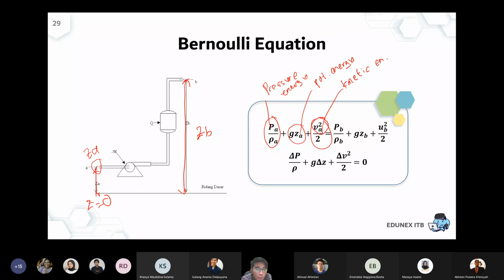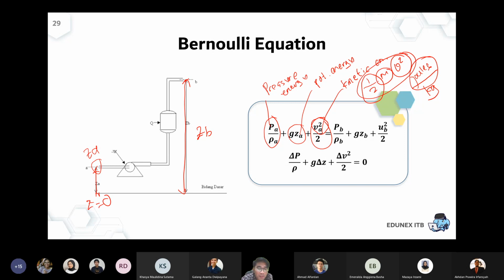So if the unit of kinetic energy is joules, the full term is this one: half times mass times velocity square. If you have only this one, it means the unit will be joules per kilogram because you already divided by the mass.